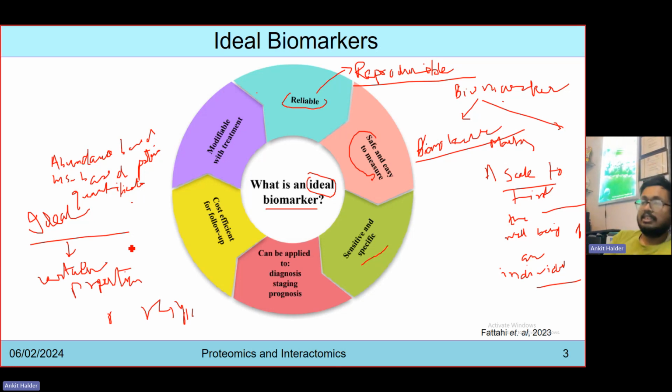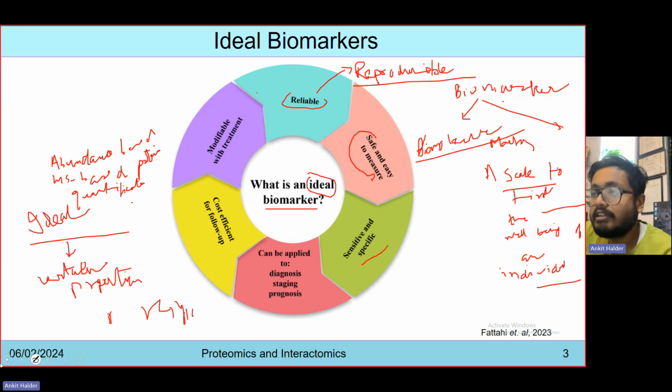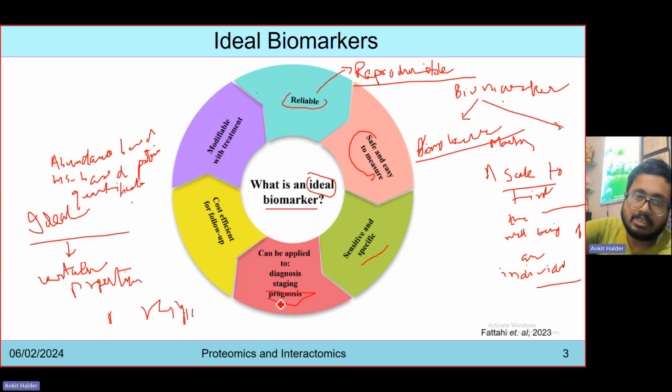We had said that prognosis is very crucial, because it helps us get an idea of whether a patient is moving towards an aggressive form, whether the patient should be closely monitored for certain markers or diseases, and whether actions should be taken or not.